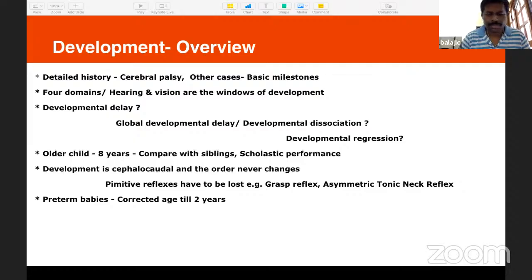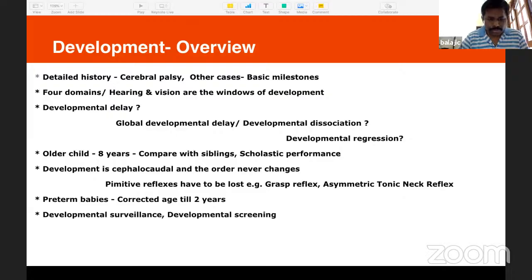For example, if the baby is born 2 months ahead, then you have to correct the age and then calculate the developmental age. Because for a 1-year-old preterm who was born 2 months ahead, the actual corrected age is 10 months. It's not 12 months. So you have to correct the age, and then interpret the development.